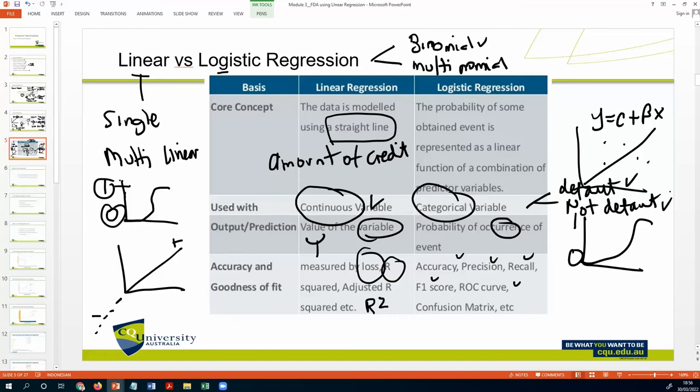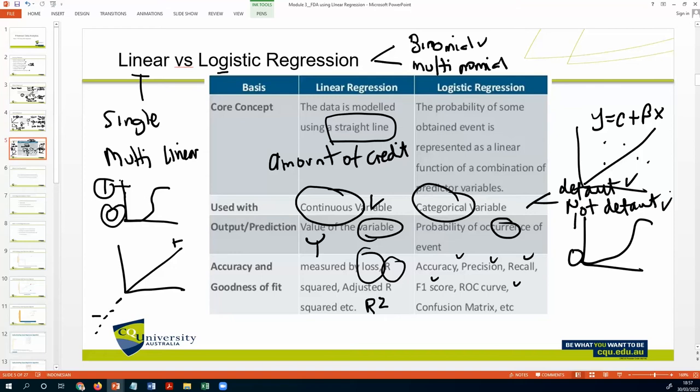Let's say the y is 1 and 0 in the logistic. So we get the coefficient, and then the coefficient is scaled into a bigger number, let's say times 100, times 50.